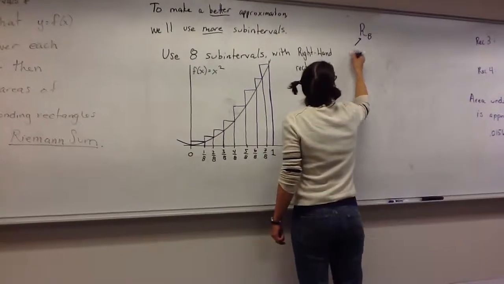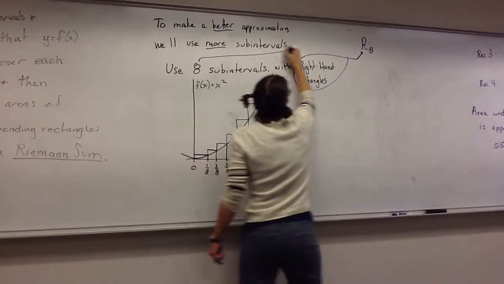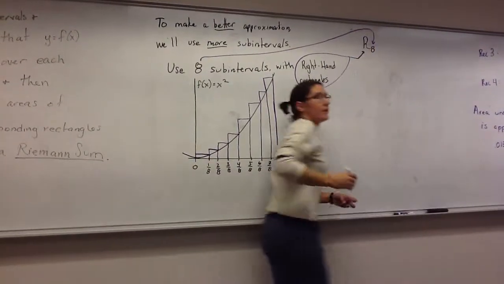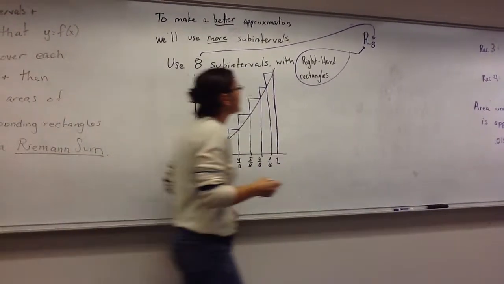So R says right-hand rectangles, and the 8 tells me I'm breaking my interval up into 8 equally spaced pieces.